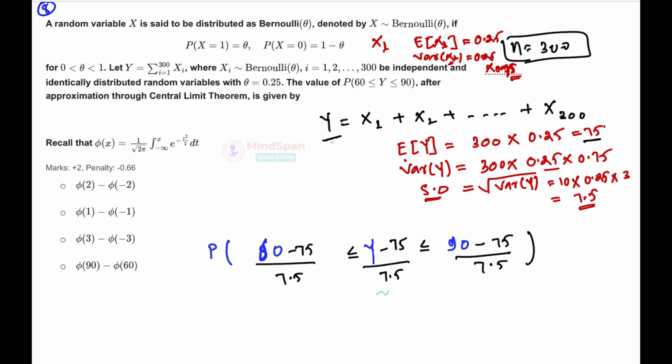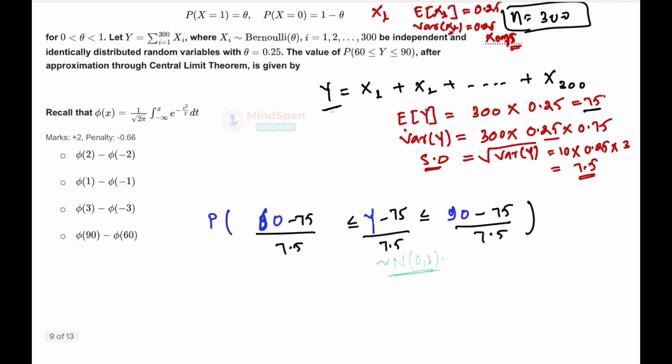So this will have a distribution that will be approximately a standard normal distribution with mean 0 and standard deviation 1, right. So this is what the central limit theorem says. And the benefit of using that, now you can just look at the standard table.